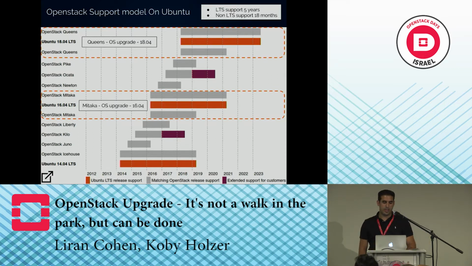So for your planning phase, you should take this into consideration, that you will need to plan your OS migration the same when you are planning to move to any LTS version. So when we try to migrate to Mitaka, we will also include the migration to the 1604 version.